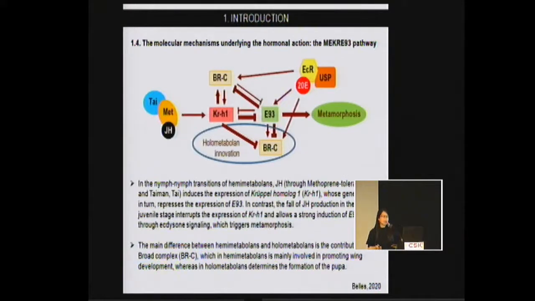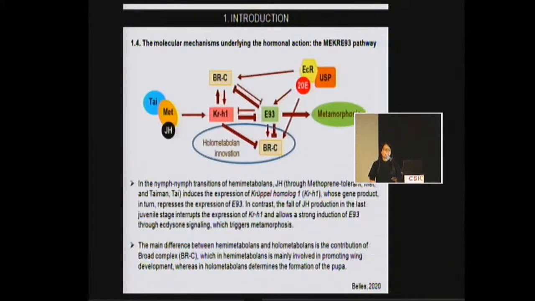The molecular mechanism underlying the action of these two hormones is based on the MEKRE93 pathway. This pathway starts with the juvenile hormone binding with its receptor, the Methoprene-tolerant, or Met, and then this complex forms a dimer with Taiman, another transcription factor, to induce the target genes.